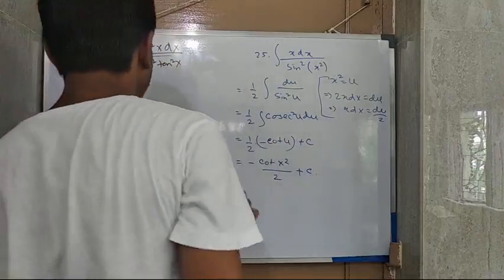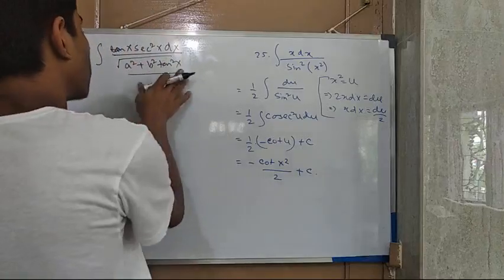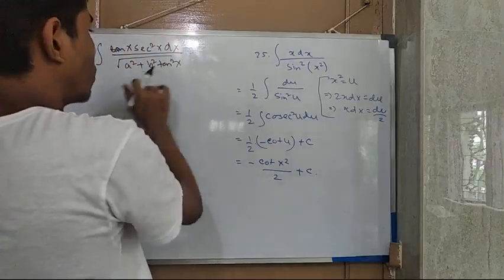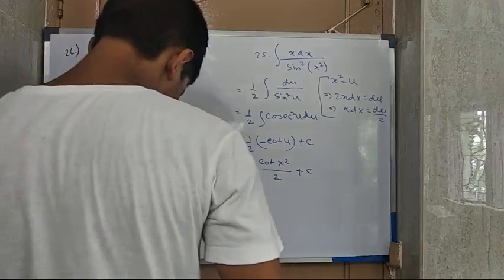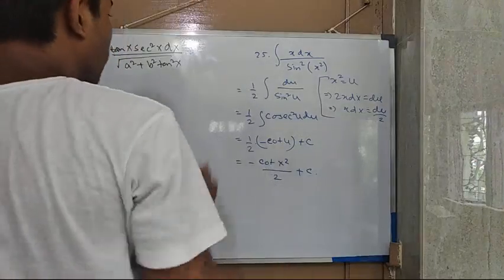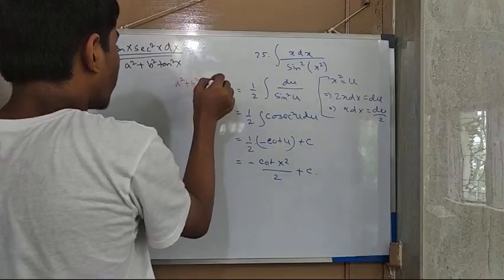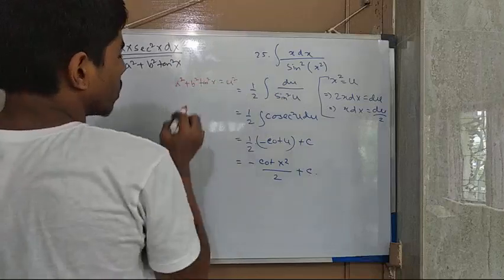Yes, this is the 26th integral. So let me do it like this: take a squared plus b squared tan squared x as u squared.